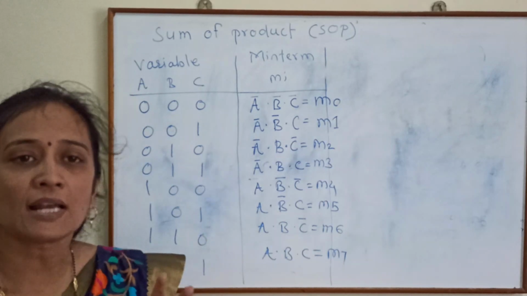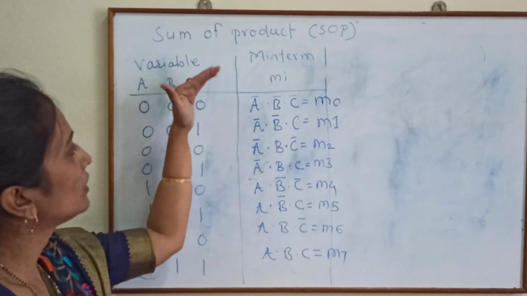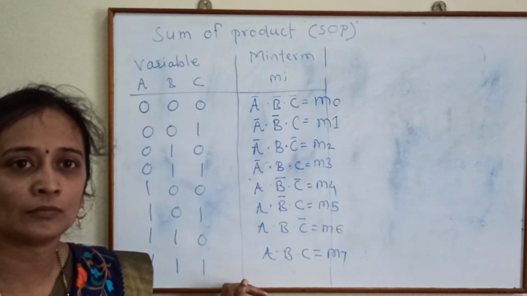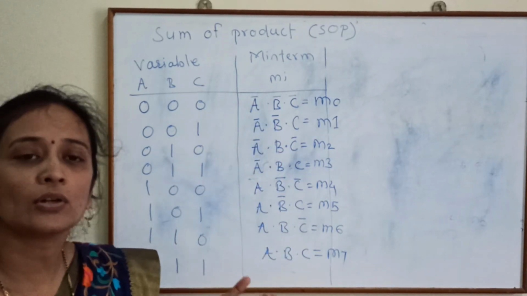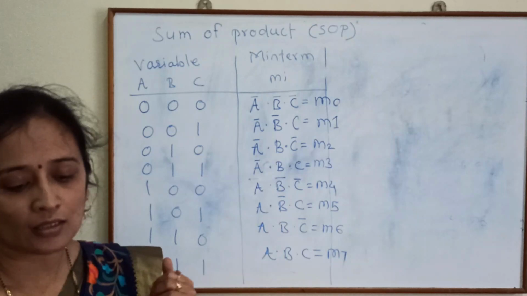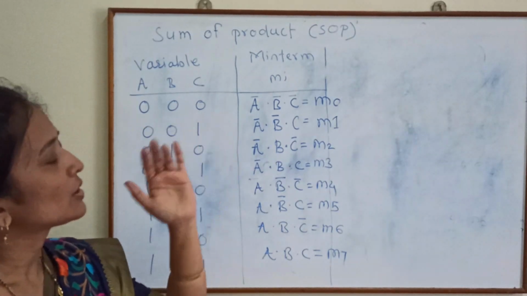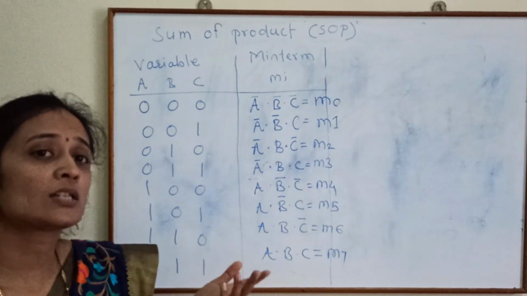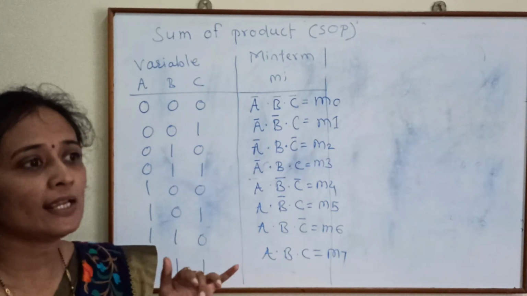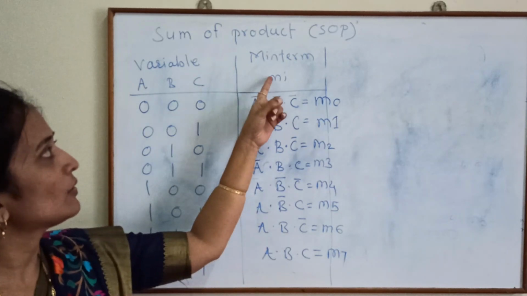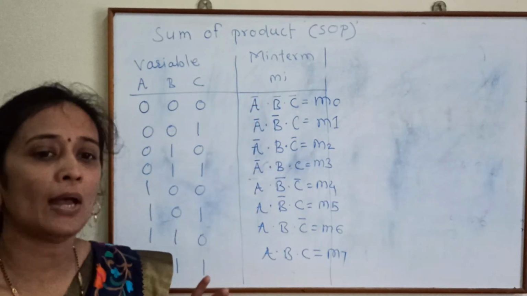Those should be in standard form, and you have to write this table. That is sufficient. If possible, you can take one example of your own. This is sum of product or min terms. Next is product of sum. In product of sum, what will we take? Max terms. Instead of min terms, we will take max terms.